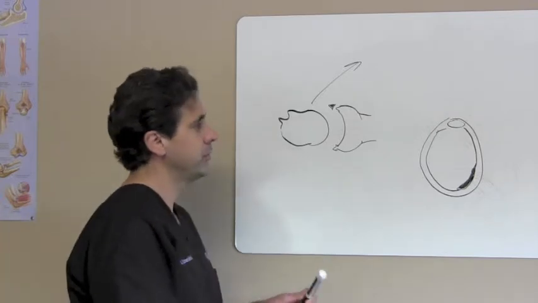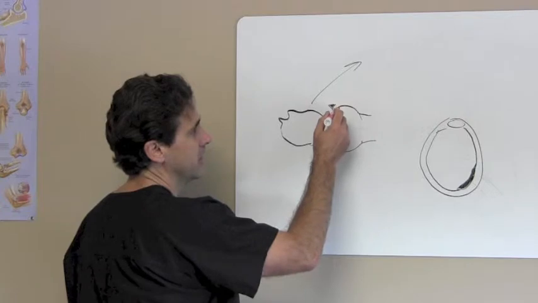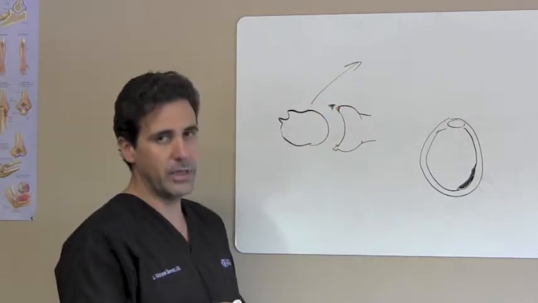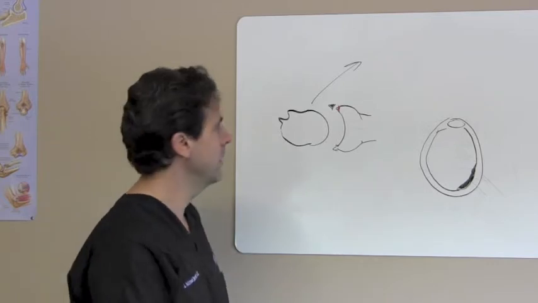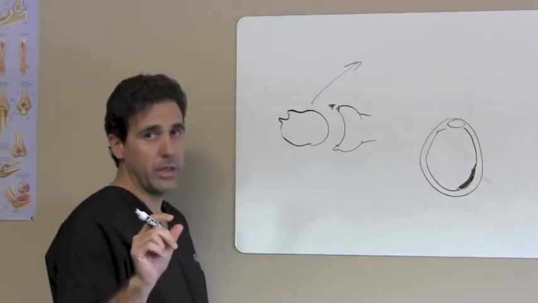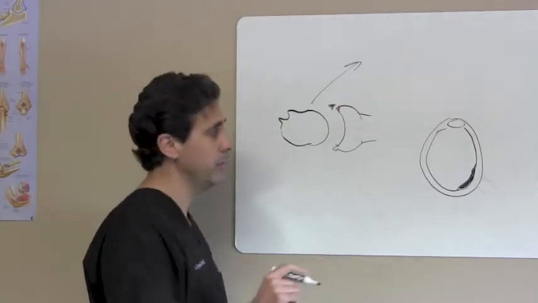Basically what we would do is freshen up these areas here, which would create a little bleeding bone surface, a little bed to put the repair on, and come through with little absorbable anchors that are made from a bone-type material.